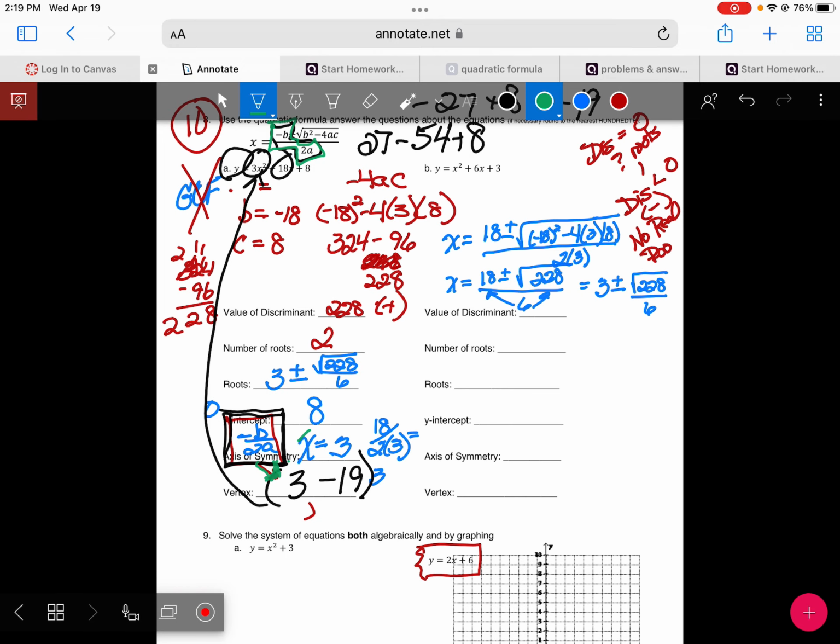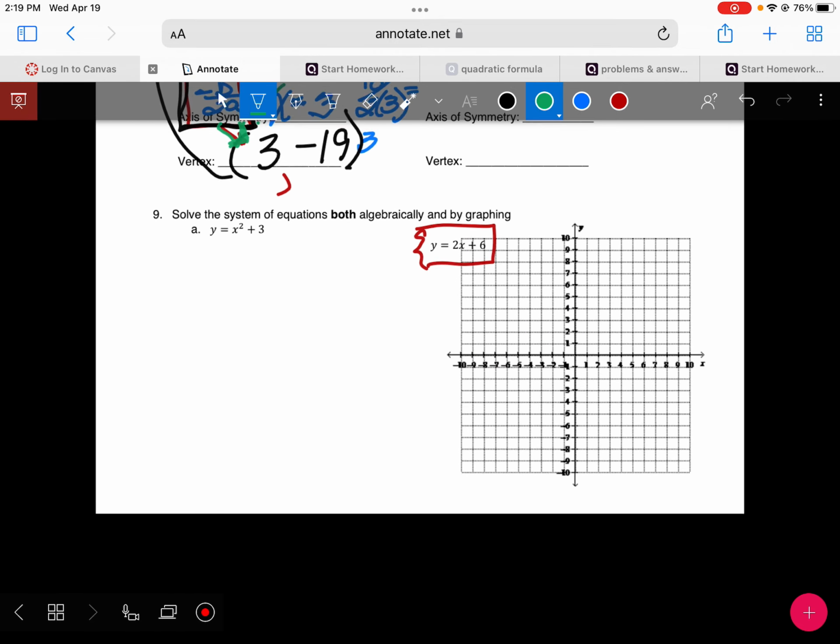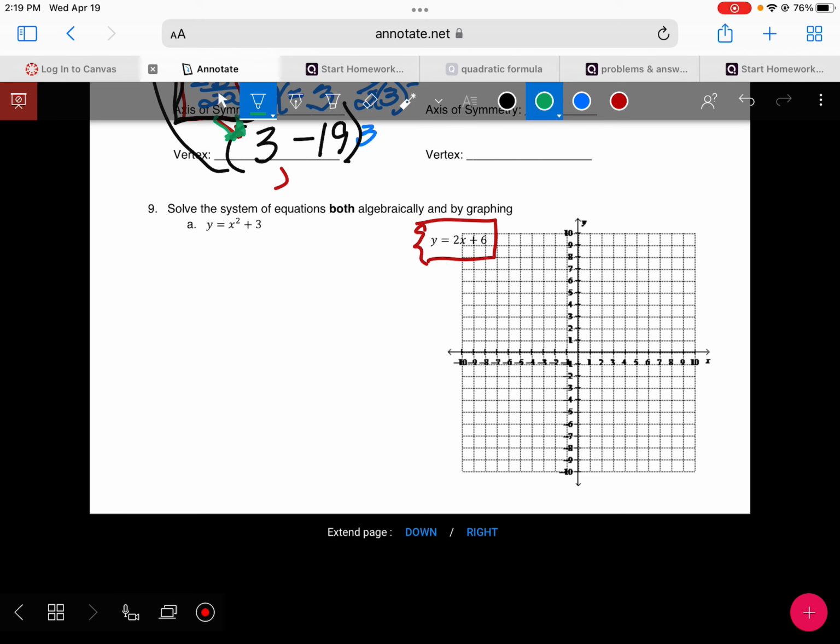I'm trying to find some place. Ah, here it is. I see it now. Actually, it should be y equals x squared plus 3 and y equals 2x plus 9. That just got jammed together.